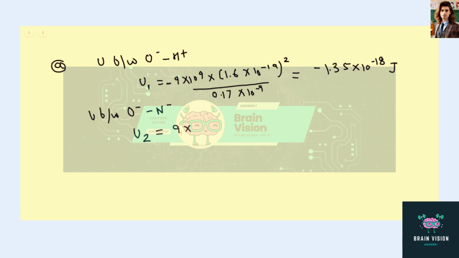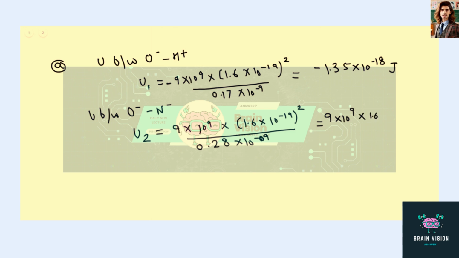So we have 9 times 10 to the power 9 into 1.6 times 10 to the power minus 19 squared, over the distance 0.28 times 10 to the power minus 9.